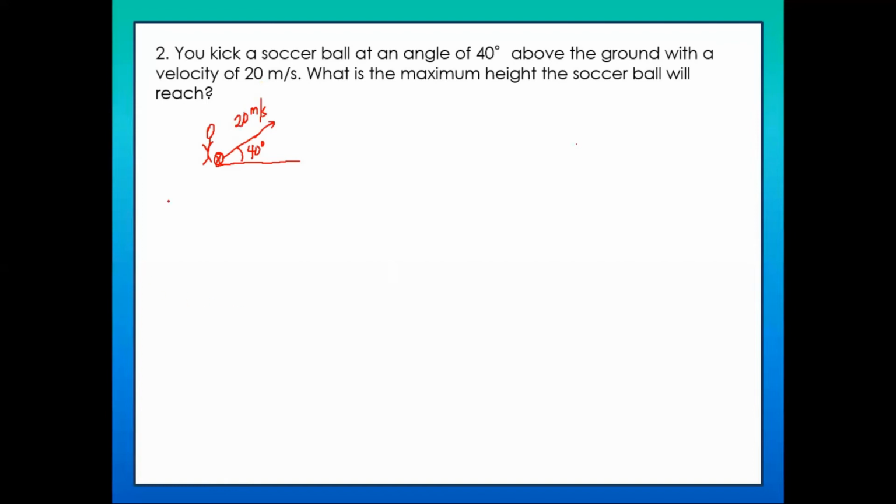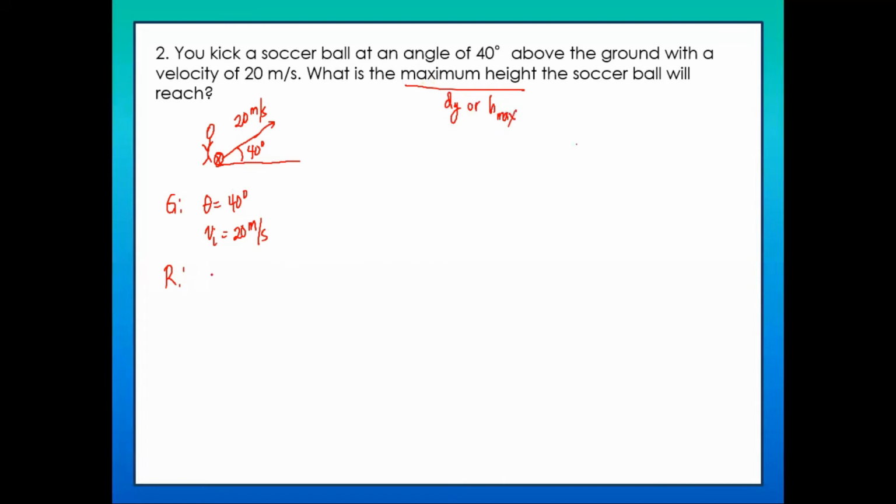Now using Gressa, okay, our given are the theta, the angle, which is 40 degrees, and the v sub I, which is the 20 meters per second, the initial velocity. What we're after is to solve the maximum height the soccer ball will reach. So maximum height, that is your d sub y, as I discussed earlier, or your h sub max.